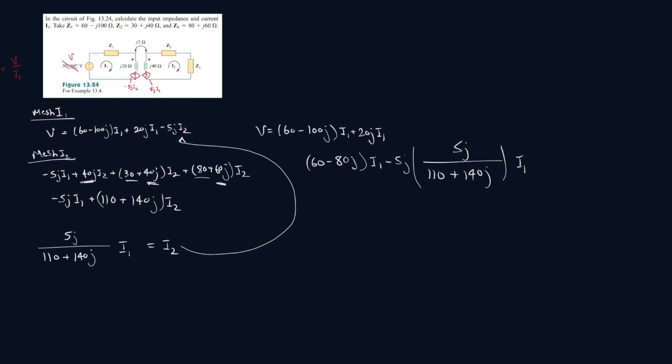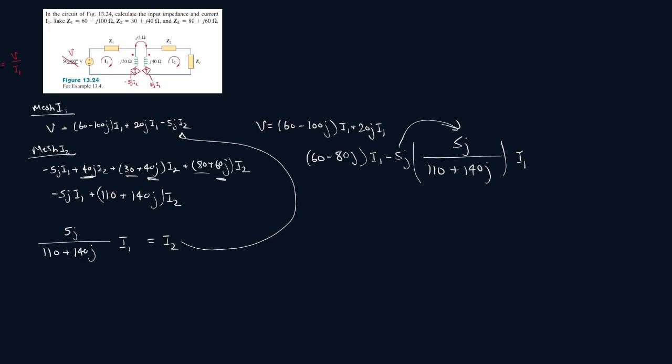Well, let's see what we can do next. We can distribute this into here. So minus 5J times 5J, that's plus 25. Okay, so that's good.